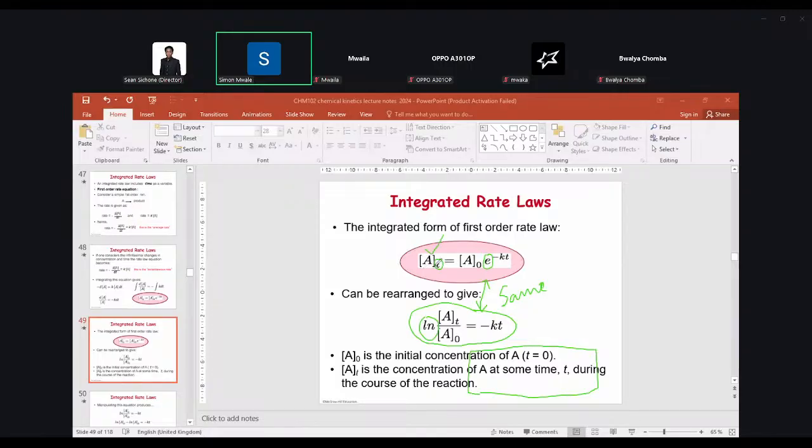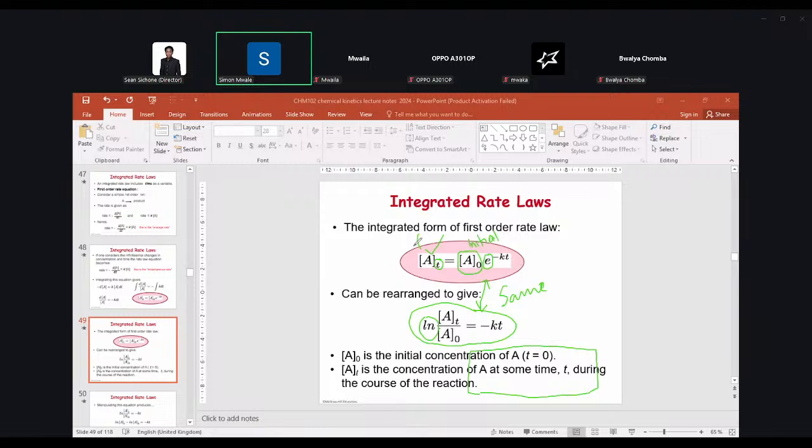So A at time t is the A that will remain after t minutes or seconds have gone by. Then A0 means the initial concentration of A, the amount of A that you started with when the reaction was starting.